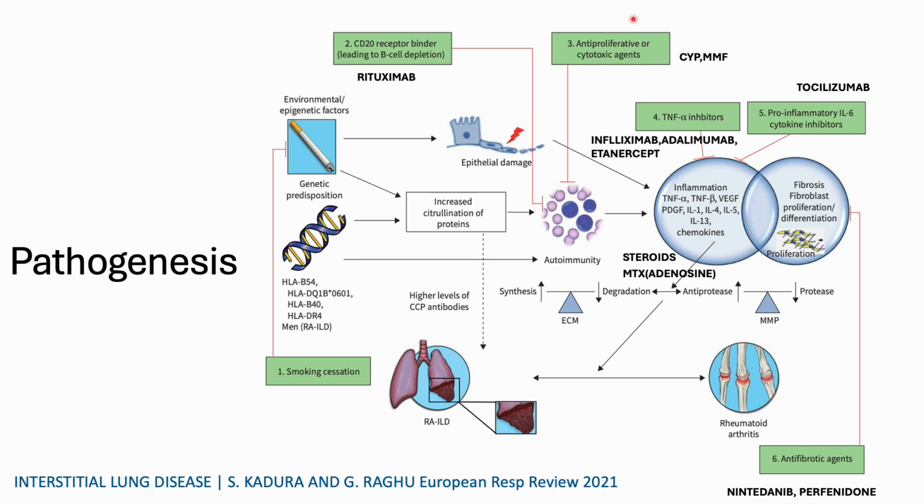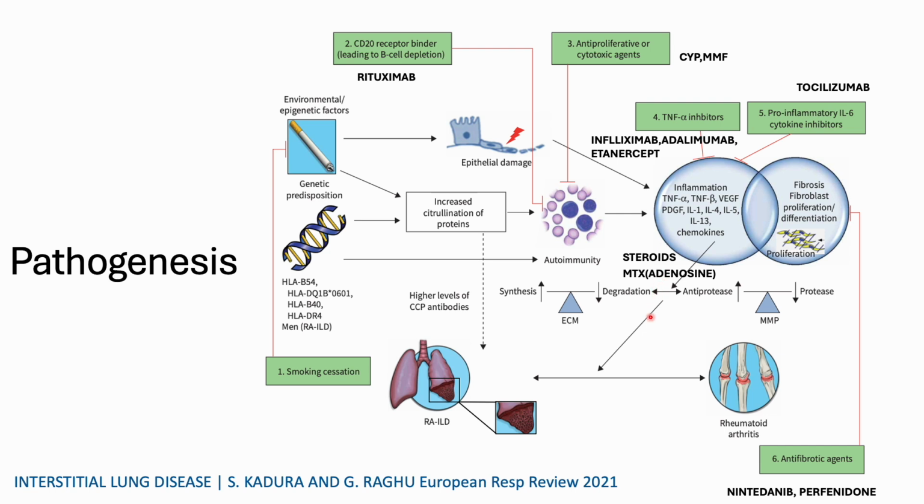citrullination of proteins, which in an individual who is genetically predisposed triggers an inflammatory process characterized by activation of cytokines, chemokines, growth factors, TNF, vascular endothelial growth factor, PDGF, and interleukins. All of this contributes to both proliferation and differentiation of fibroblasts.